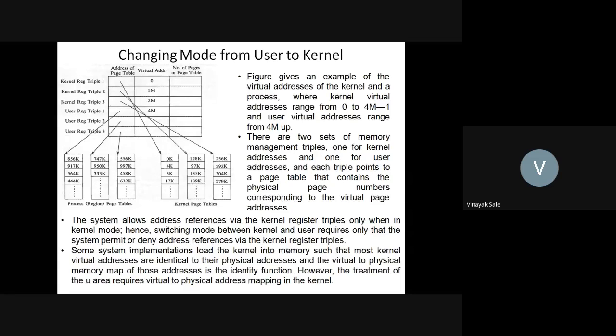Some system implementations load the kernel into memory such that most kernel virtual addresses are identical to the physical addresses, and the virtual to physical memory map those addresses with an identity function. However, the treatment of the user area requires virtual to physical address mapping in the kernel.